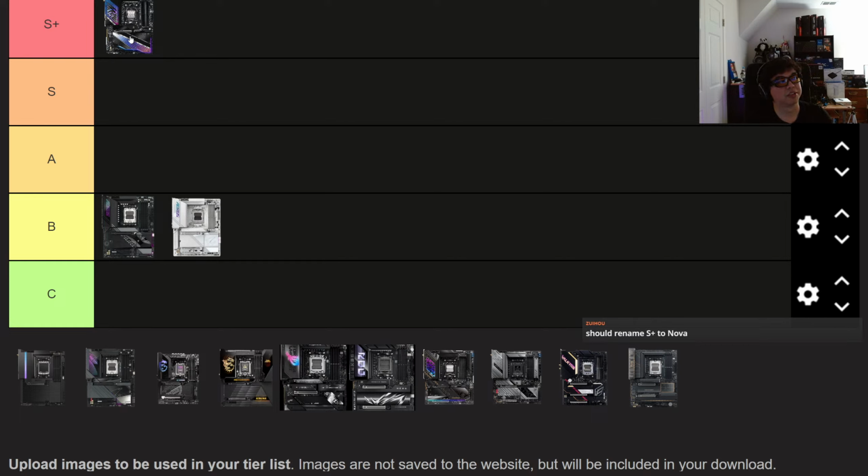See, the problem is the ASRock Phantom Gaming Nova is also $350 while providing an 8-layer PCB. It provides 5 M.2 slots, whereas these two only provide 4 M.2 slots.